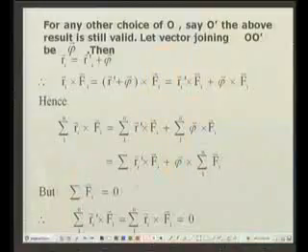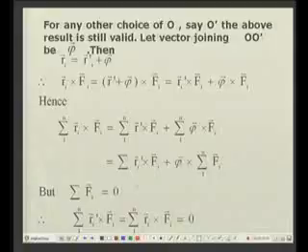So it is easy to see that the position vector R i is equal to R i dash plus phi. That is, the original position vector is equal to the new position vector plus the position vector of O dash with respect to O.